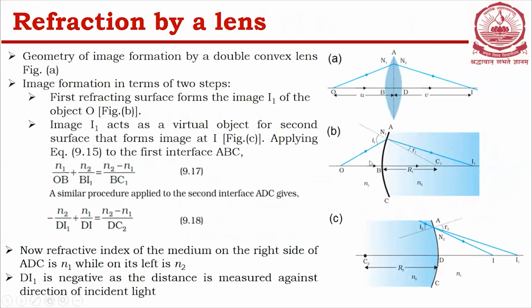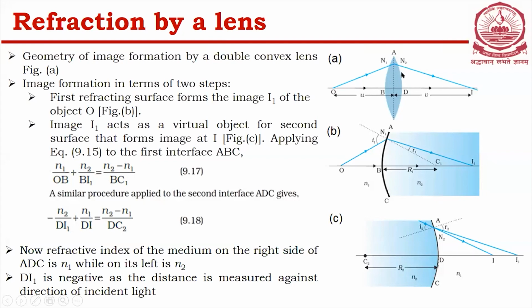You can get this equation: N1 by OB plus N2 by BI1 equal to N2 minus N1 by BC. This is the first surface equation.